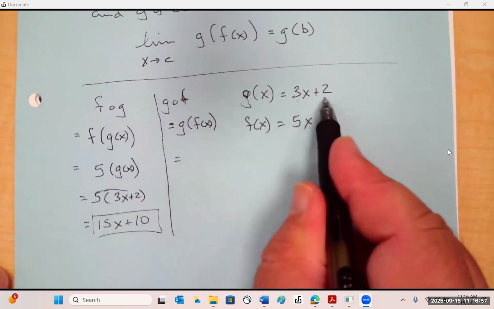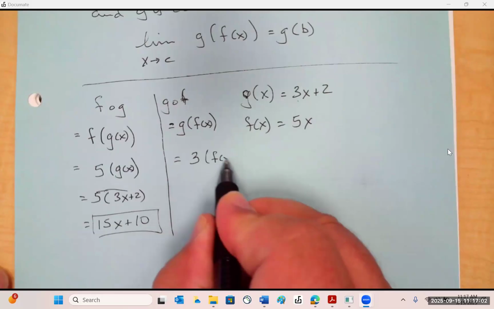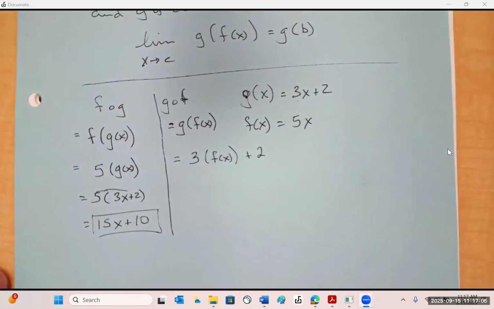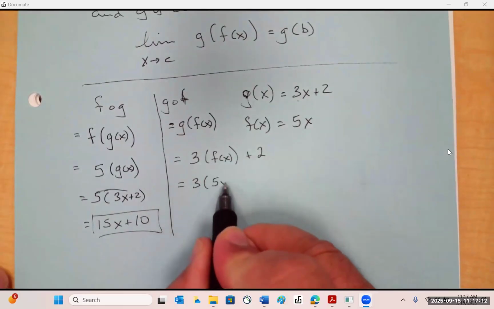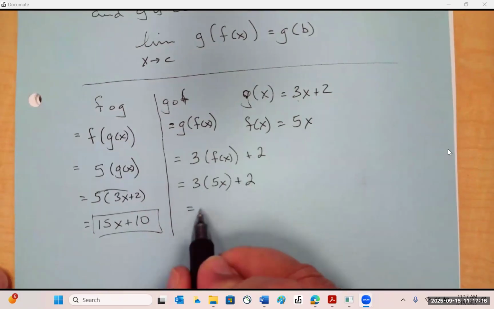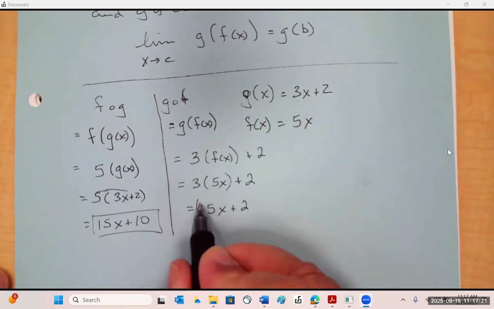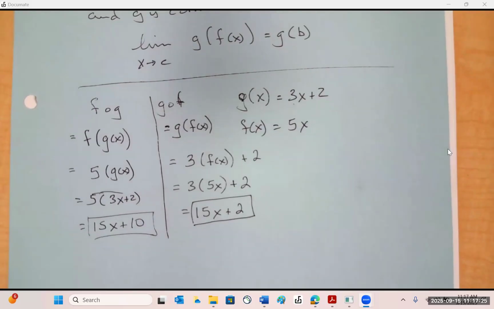So g of x is 3x plus 2. So anywhere I see an x, I put f of x. And f of x is 5x. And work that out. 3 times 5 is 15. And there's my final answer. So that's how composite functions work. Review of algebra.